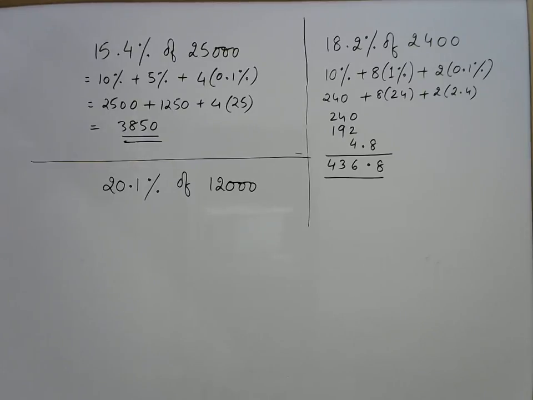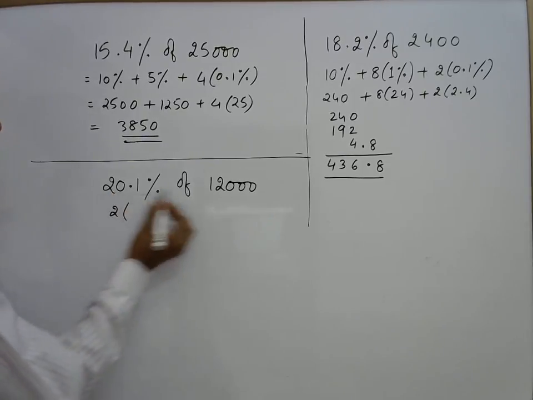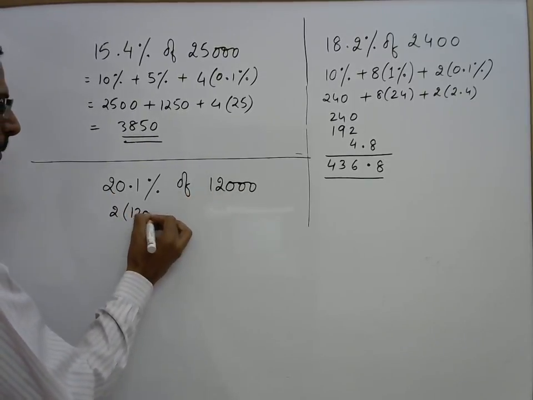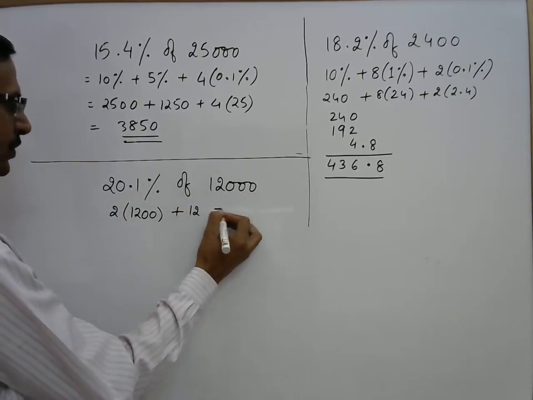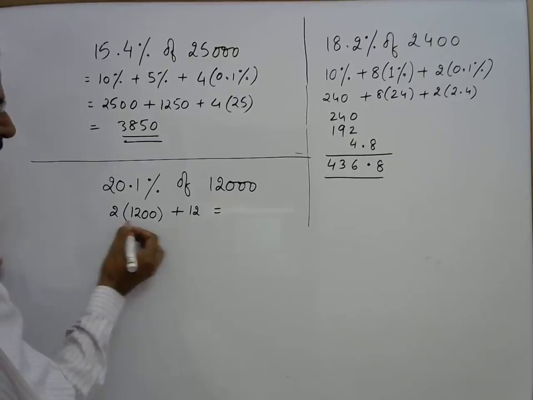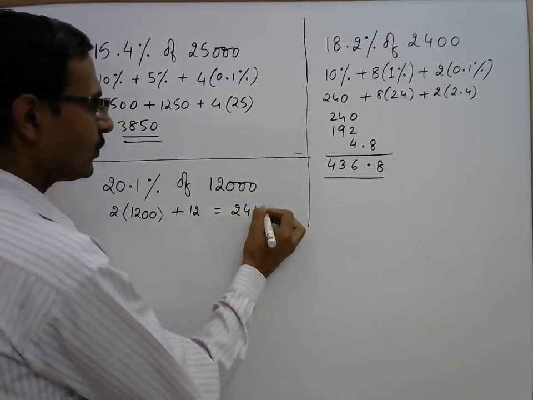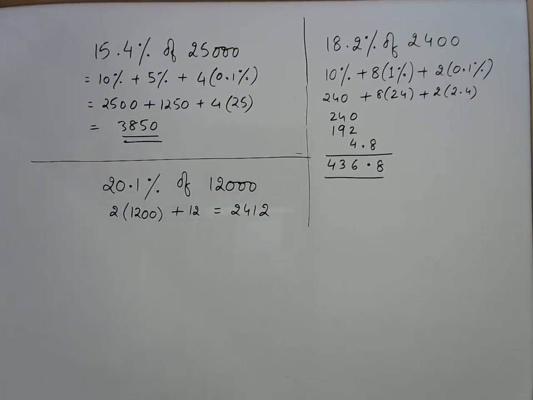How do you calculate 20.1% of 12,000? So another answer there, 2413. Okay, this is 2 times 10%. 10% is 1200 and 0.1% is 12. So this is 2400 and 12. 2412 is the correct answer.